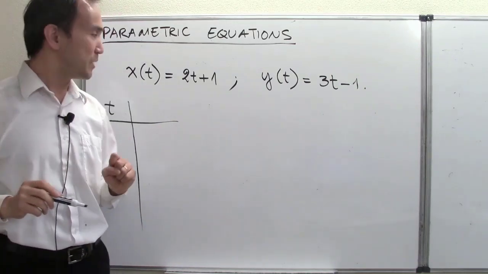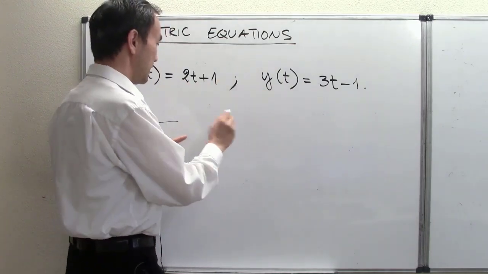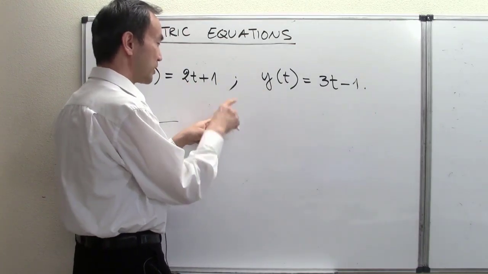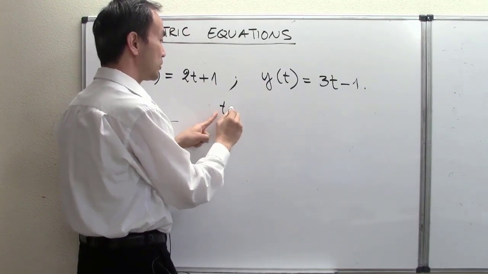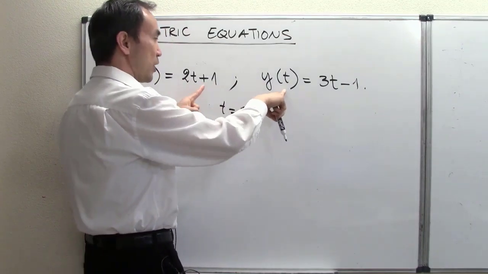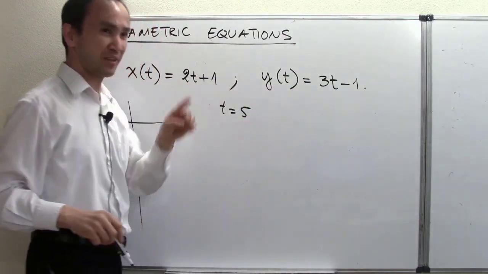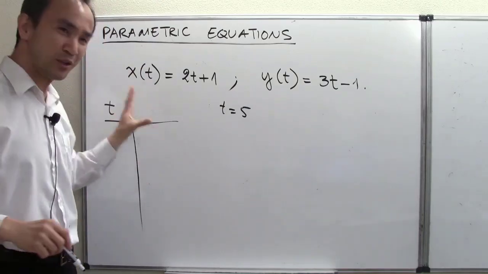One more thing I need to mention: the t variable here is one common variable. So whatever input value we assign for t, let's say t equals 5, for example, that same input value is going to be responsible for the output value of the two functions separately. You will see exactly what I mean when I go through the table here.